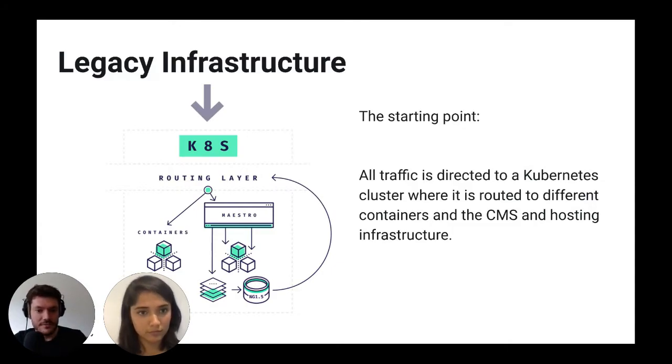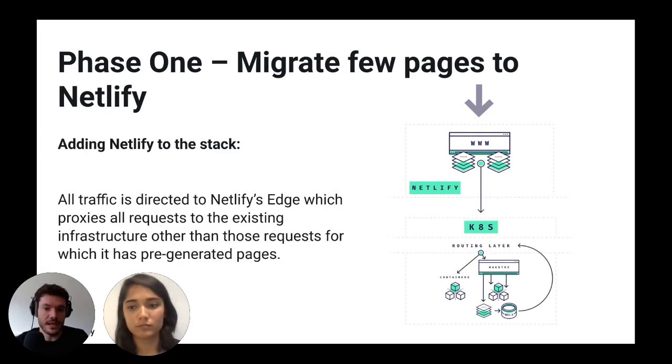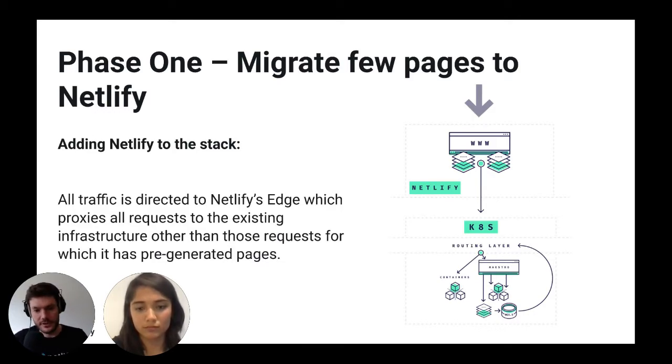So starting off, they had this Kubernetes cluster that was running their existing monolithic CMS and a couple of other microservices. And this was responsible for routing all of the traffic within their application. And to start moving with this next project, they moved their DNS records to Netlify and then used the proxy and redirects rules that are available through a really simple API on Netlify to start serving particular pages from Netlify, but then routing through any requests that didn't match things that exist on Netlify to the legacy infrastructure.